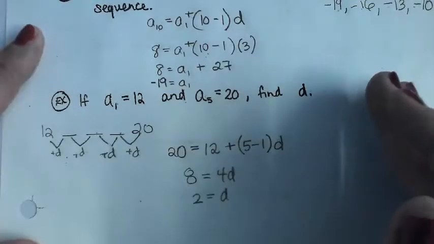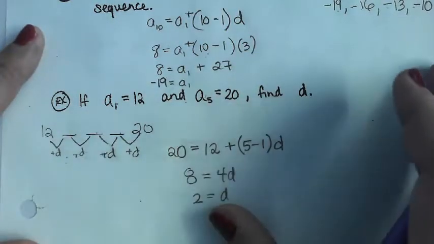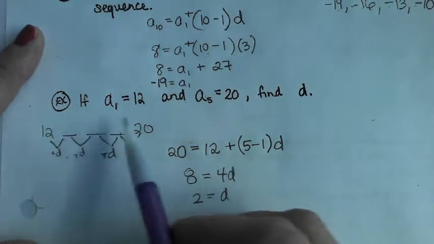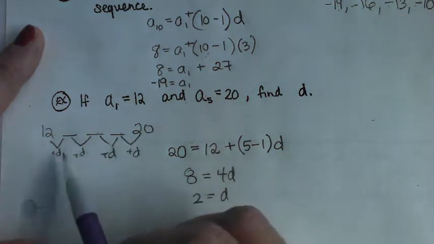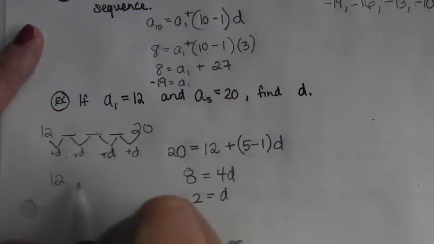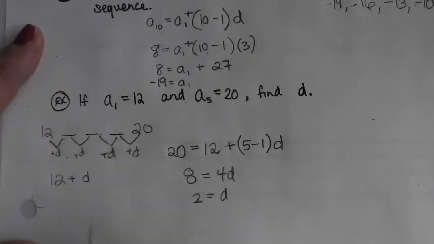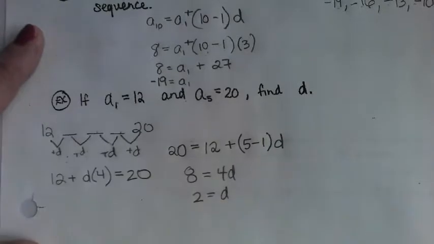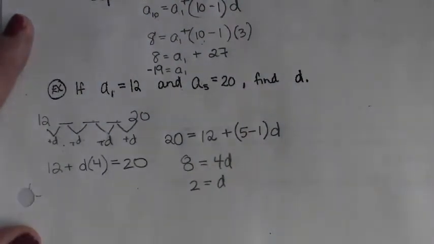So if you were doing this manually, which I have no doubt you could all do, you kind of see why to get from the 1st term to the 5th term, I'm adding the common difference 4 times. So 12 plus some D value 4 different times is supposed to get me to 20. Yes?